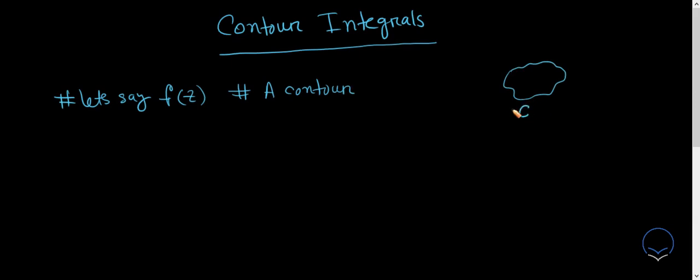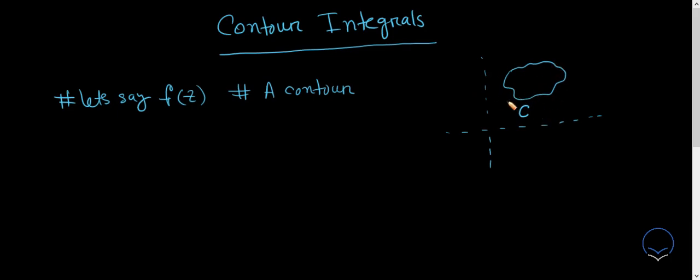We denote it by C, and this is the complex plane. Obviously the contour can be either open or closed, or it might intersect with itself at some point, and there can be many variations, but let's consider this simple picture.